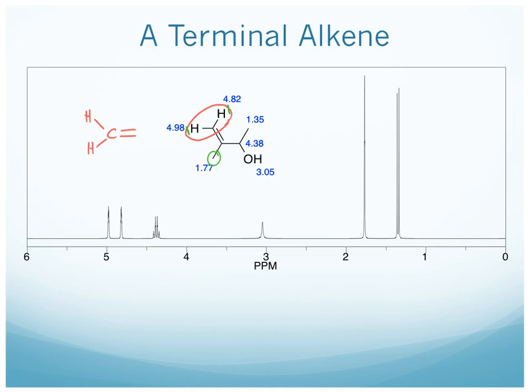When you have something like this, they tend to give fairly separate signals. So here would be one, giving rise to one signal in the double bond region. And here's the other, giving rise to another signal in the double bond region. These terminal alkenes, again, tend to give fairly sharp signals, and the splitting, if there is any splitting, tends to be very, very small, which is what we see right here. So that's one way to spot a terminal alkene.